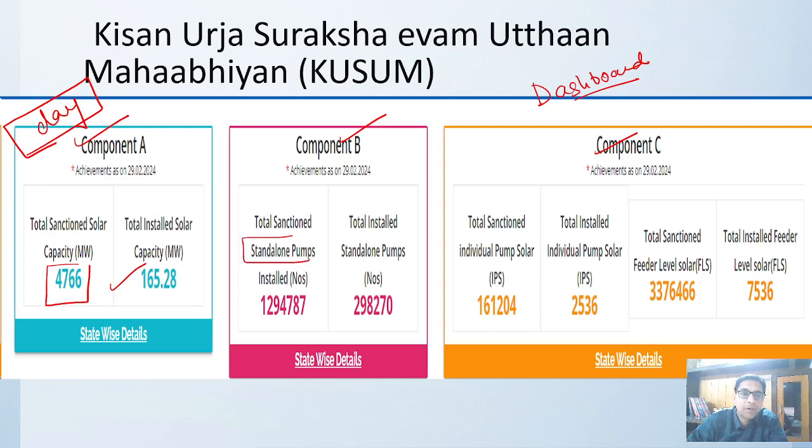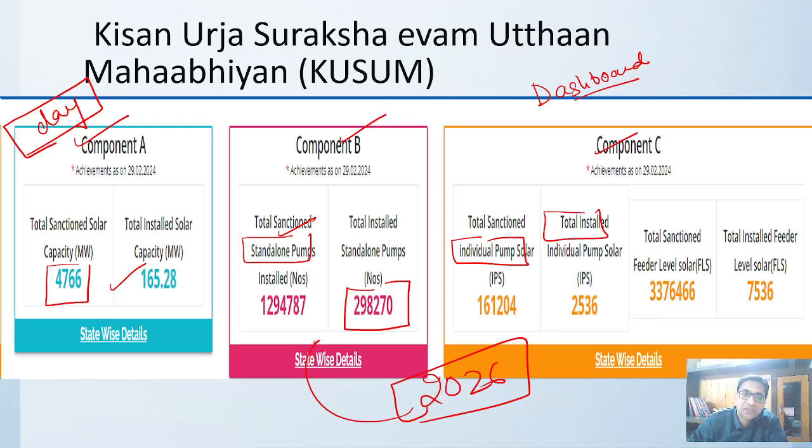Standalone pumps installed: total sanction is 12 lakh 94,787, but right now there are 2 lakh 98,270. Total sanctioned individual pumps are 1,61,204, but right now installed are 2,538. By 2026 we have to achieve this target altogether. So this is a dashboard that the government has created especially for this whole mission.